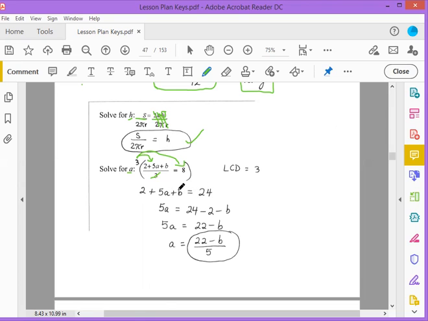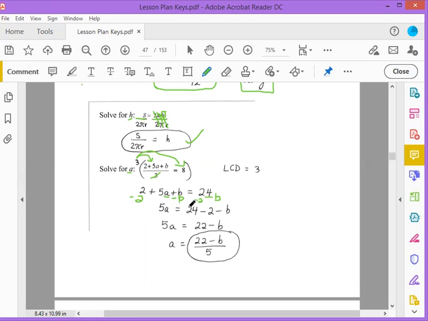Now we want to combine like terms. Remember, our goal is to solve for a. So to get rid of this b term, we're going to subtract b from both sides of the equation. To get rid of the 2, it's a positive 2, so we're going to subtract 2 from both sides of the equation. So we have 5a that's left on the left side, carry down our equal sign.